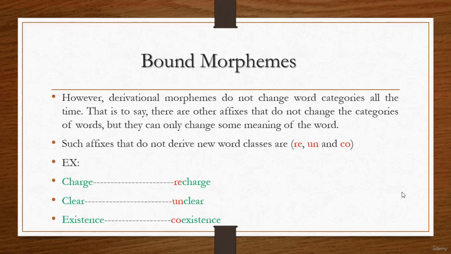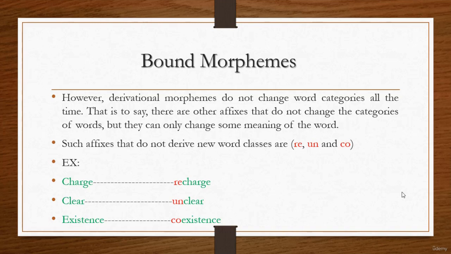So derivational morphemes do not change word categories all the time. As we said earlier, they can change, but not all the time. Like, for example, with the affixes or prefixes you can see in red: re-, un-, and co-.